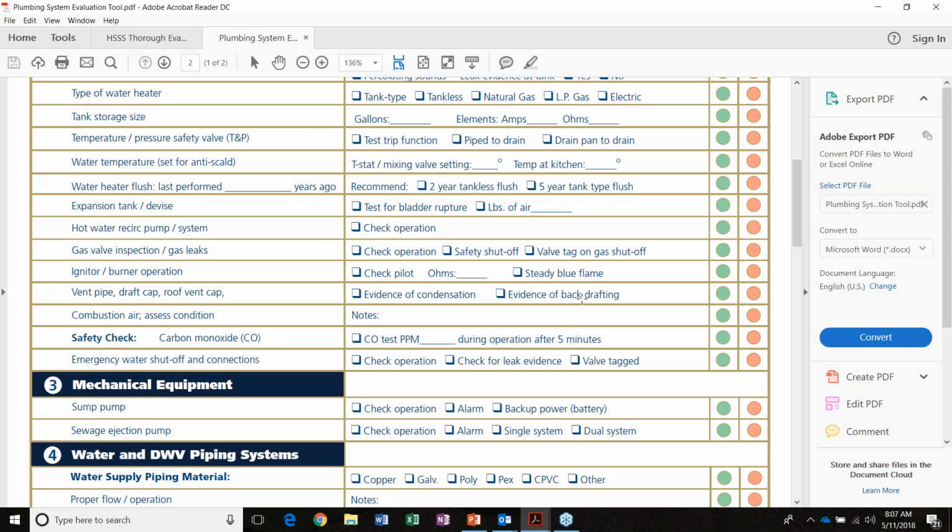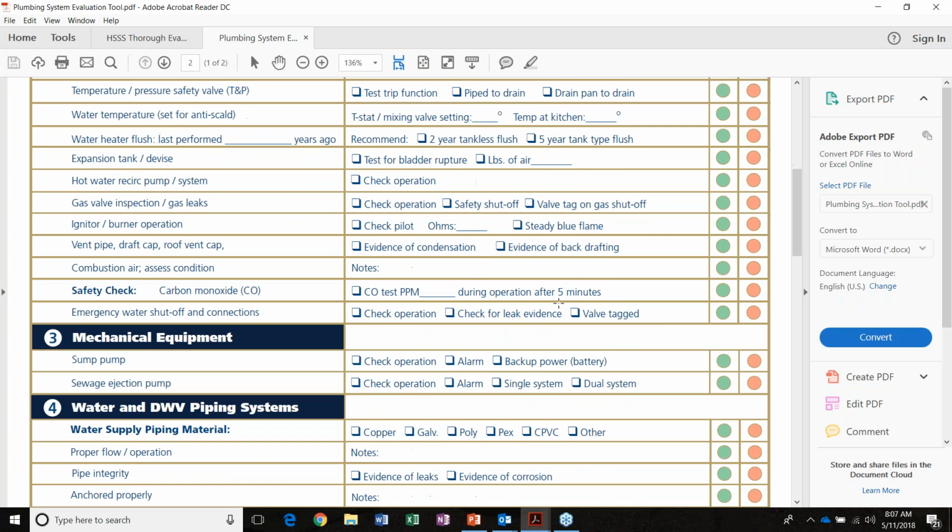Do we see evidence of condensation, evidence of backdrafting, all these types of things? And again, this is also a tool that could really save your bacon in the future. Heaven forbid there is a problem with this customer's system. We've got documentation that we checked it and there was no problem at that time, or we have documentation that yes, we did advise the customer of this and the customer chose not to do it.